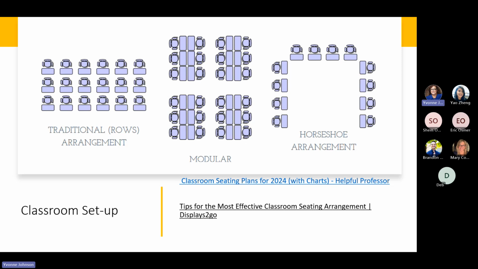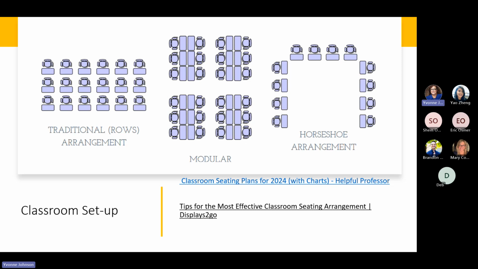When you're thinking about creating the framework for engagement, a beginning step is just thinking about how the classroom is arranged, whether it's a physical classroom. We have some diagrams on here. The way that the chairs are situated, they're positioned in a way that fosters or could limit discussion and collaboration.